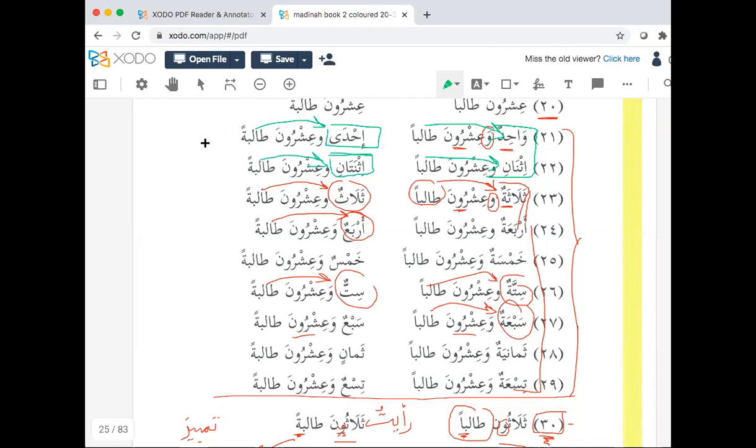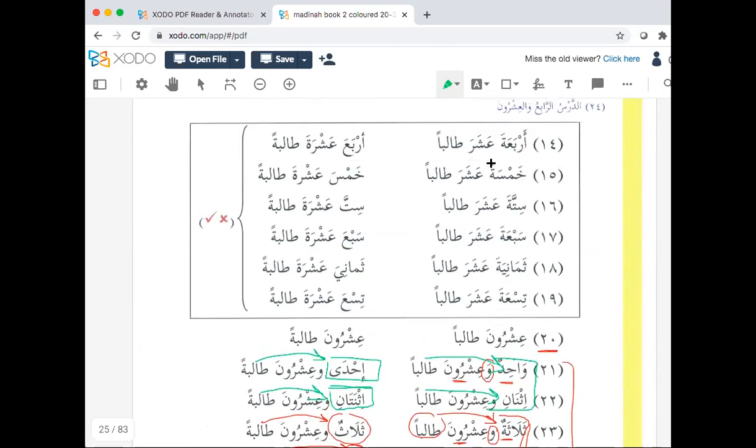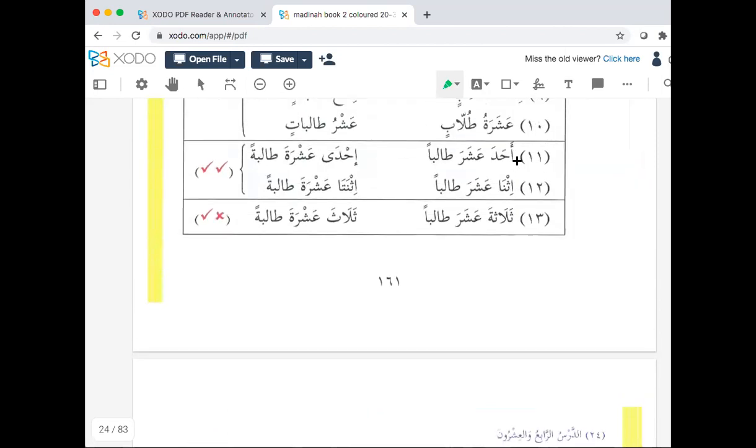Okay, so notice how when you were dealing with number 11, you said أحد عشر and إحدى عشرة.